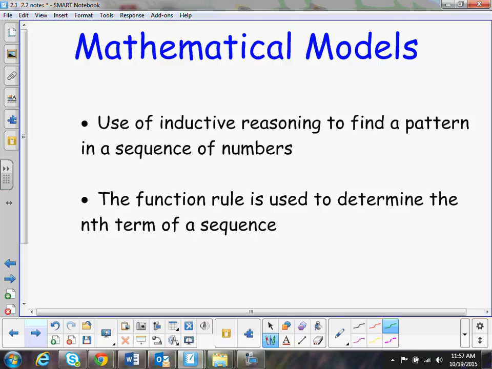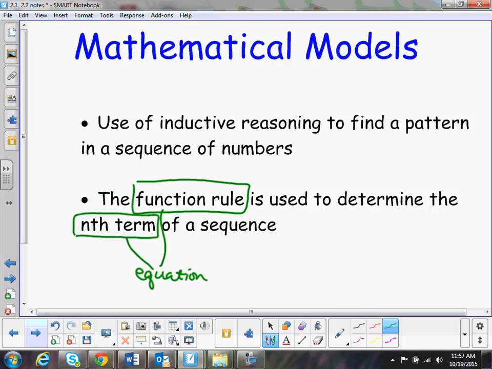It's slightly different. You're going to find a function rule, which y'all called an equation last year. There's an equation to every pattern. You're going to write the rule down. That means the same thing as finding the nth term of the sequence. So write down that the function rule and the nth term is the same thing as the equation of the function.